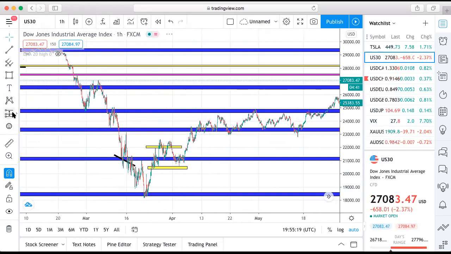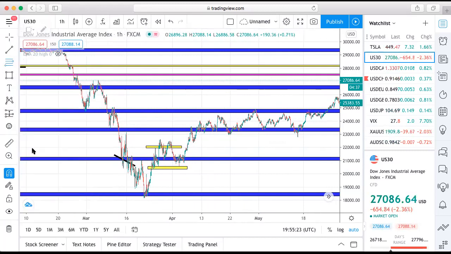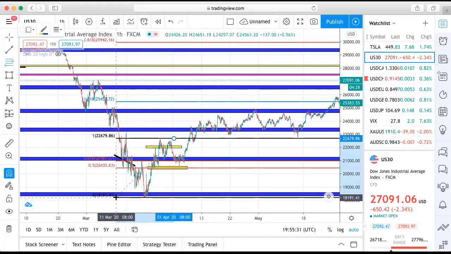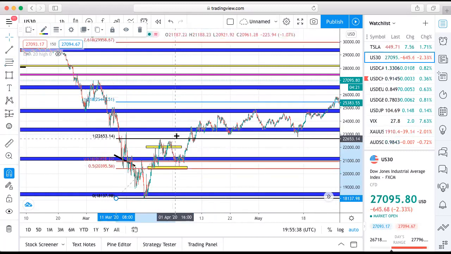And if you know how to use Fibonacci, all you have to do is take your Fibonacci retracement tool, and I use this. Take your Fibonacci, and you can see it was right on the retracement zone.